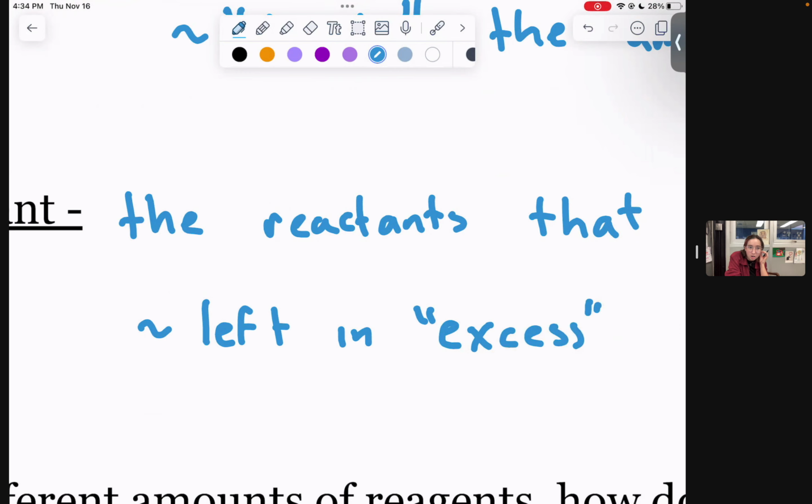Excess just means extra, so the one that we have extra of is our excess reactant.